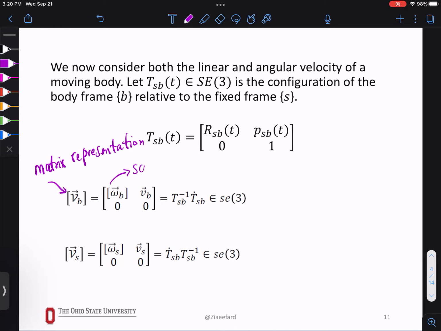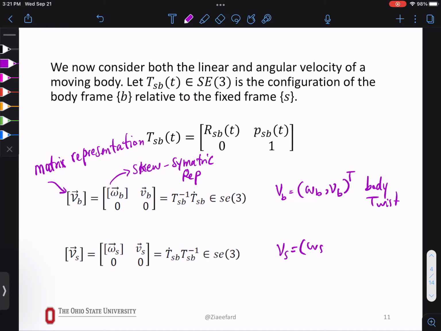This one is a skew symmetric representation. Just don't get them confused. So the body twist itself is omega B and linear velocity, angular and linear velocity transpose. This is body twist. V_S transpose is the spatial or fixed frame twist.